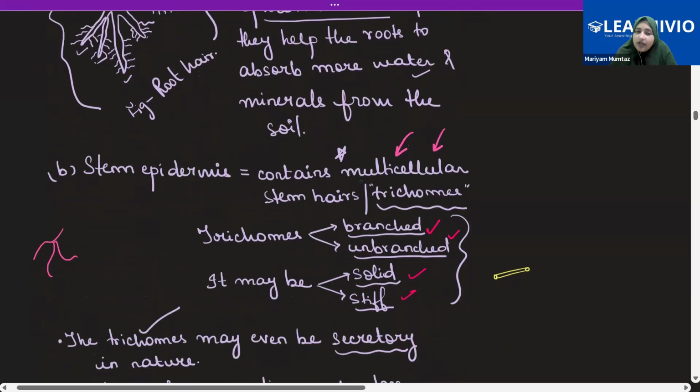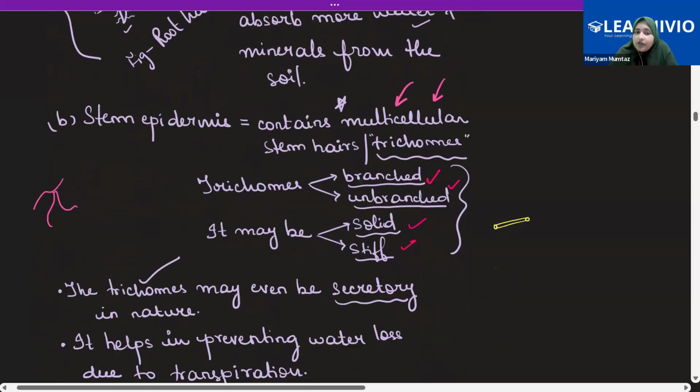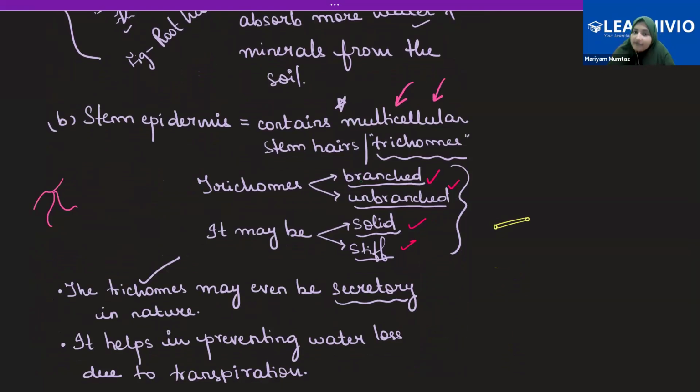On the other hand, if we are talking about the stem epidermis, it also has stem hair, which has a nice name, trichomes. And they are multicellular. So remember, root hair unicellular, stem hair multicellular. Now these trichomes could be branched or unbranched. They could be solid, they could be stiff.